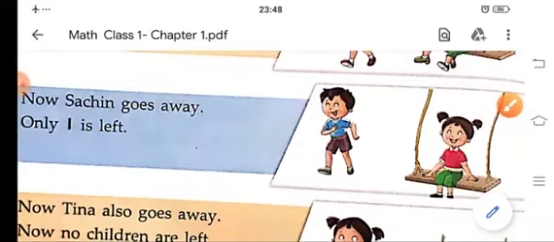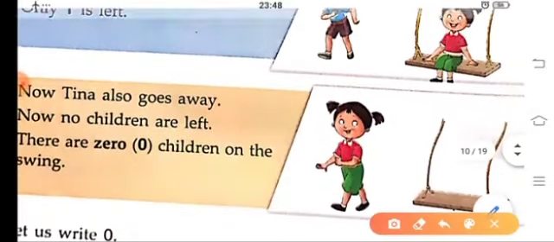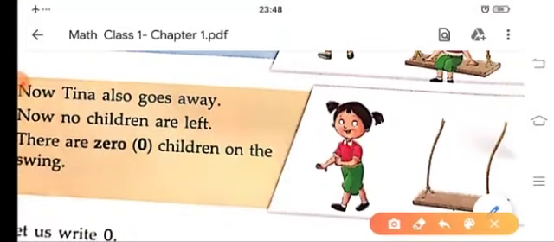Next, again you see, children, in the third picture, Tina is also going. Why? Because she is feeling hungry. Now, how many children are there on the swing? No one. So all have left. So nothing is there. So it becomes 0.